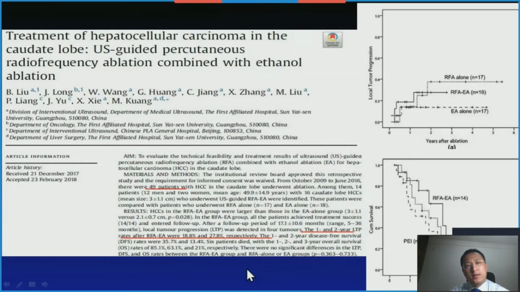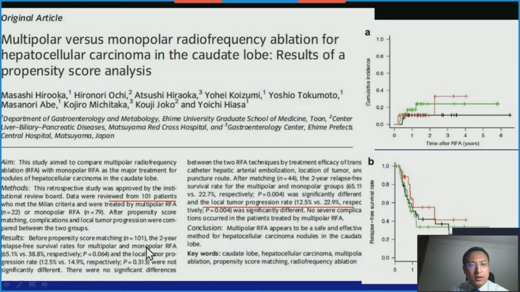It's a little higher than the tumor in other positions in liver. This study is from Japan, 101 patients. The local tumor progression rate is 12.5 and 22.9. It's also a little higher.